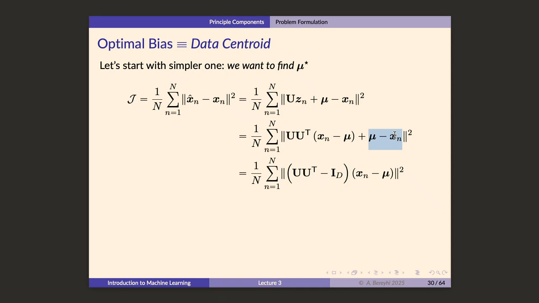U transpose multiplied with this one gives this term, minus I multiplied with this one gives this term, correct? Everybody agrees? So, same thing we did on the board: we can factor out U transpose and I, and this is going to be this term. Everybody's clear?